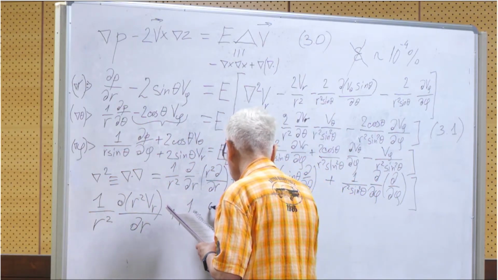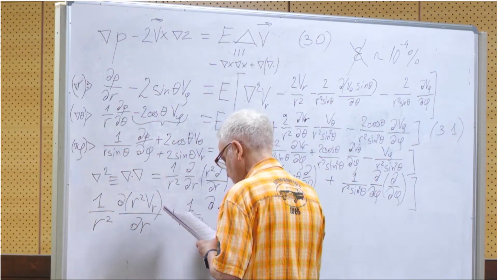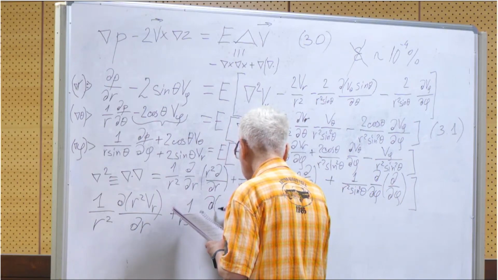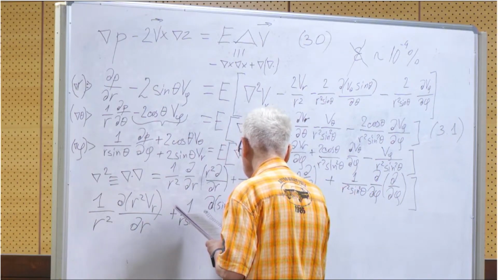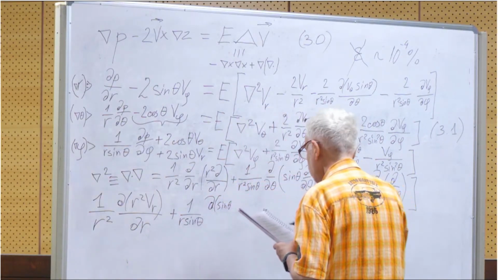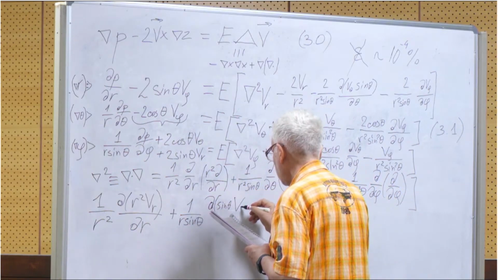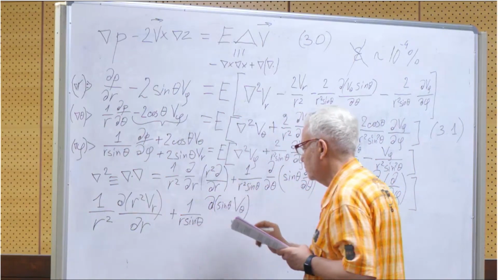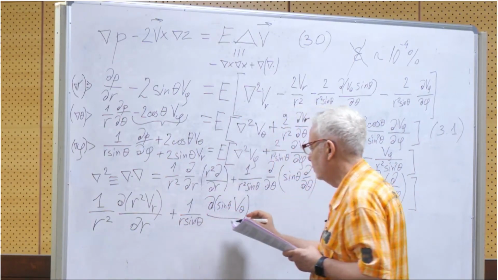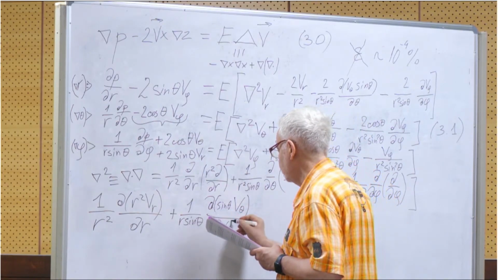But the derivative is against sine theta, very similar, and also very symmetric, because for the theta component we are taking the partial derivative with respect to theta as well.